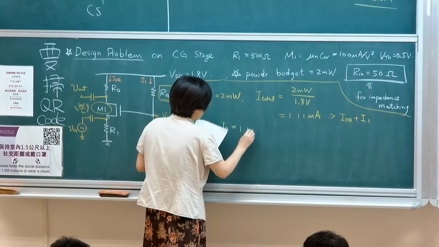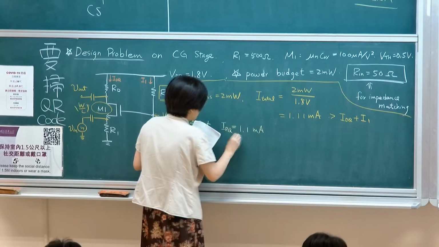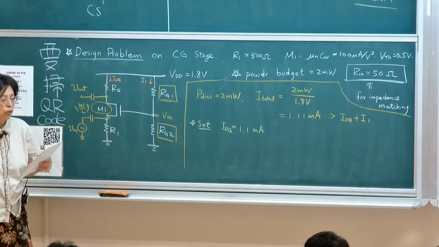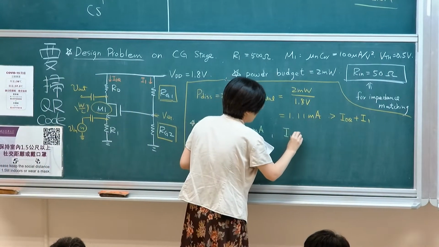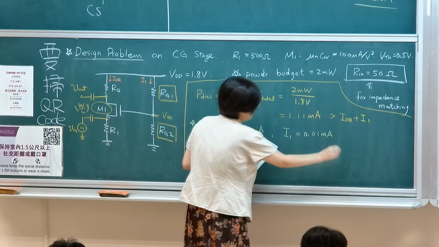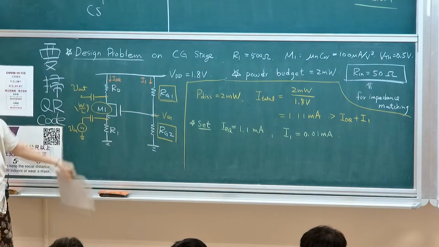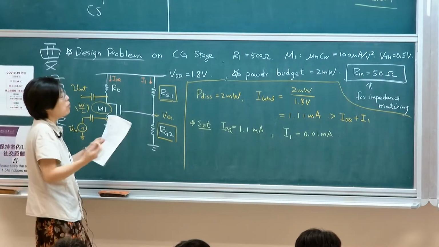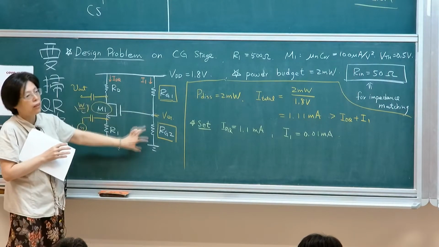So I'm using more than 90% of the current for the main branch. Let me set my IDQ to 1.1 milliamp. Therefore, my biasing current will be left at only 10 microamp. That means I would need large resistors to set this up, but that's fine. Depending on your design, your boundary determines how you get this resistance.